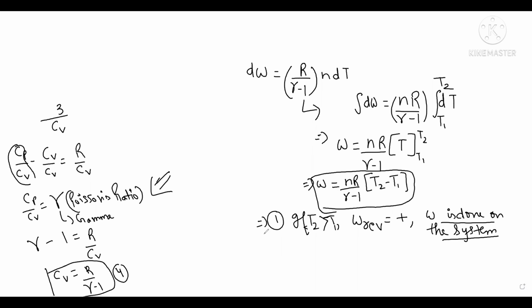And second, if T2 is less than T1, then work done will be negative. You can see in the calculation also, because of the subtraction sign between them, the magnitude of negativity will be high and work done will come out negative.